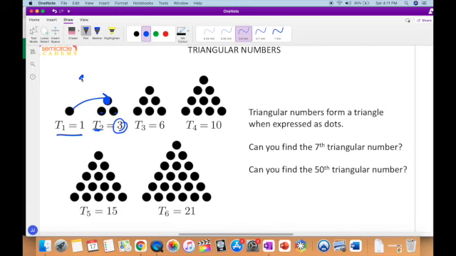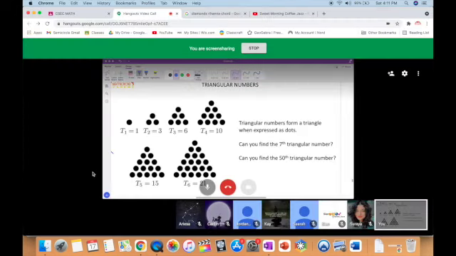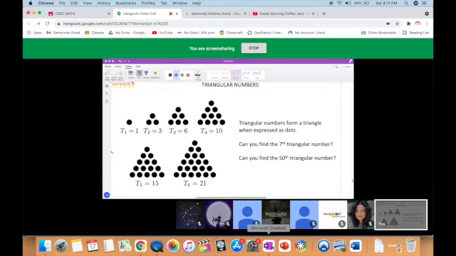But we can't use 2 dots to form a triangle, so 2 is not a triangular number, right? 1, 3, the third triangular number is 6, the fourth triangular number is 10, right? The fifth one is 15, and so on. The next one is 21, right?